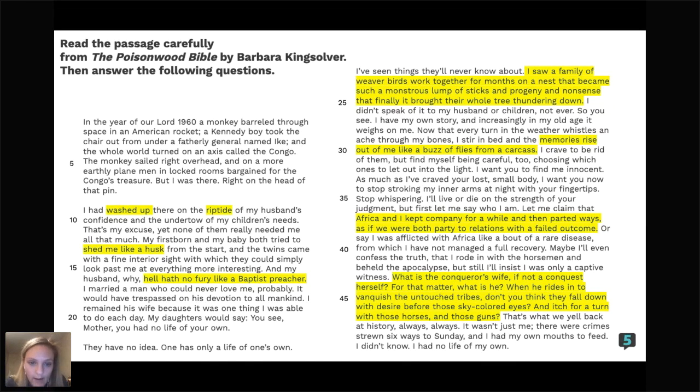Then when it talks about it became such a monstrous lump of sticks and progeny and nonsense that it brought the whole tree thundering down, I think that this is kind of leading towards the chaos, the entropy that ensues when things start hitting the fan, when the Congolese aren't super receptive of the sermons that he's giving, and when they're advised to leave Africa, and Nathan Price says, no, we're staying, and everything just starts falling apart.